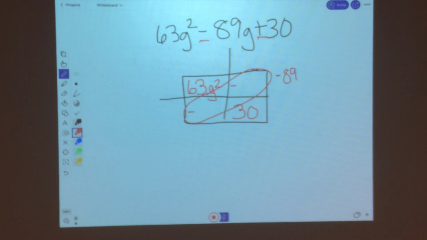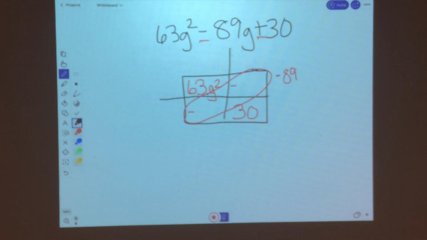Now I'm going to think about what numbers give me a sum of 89, and this is just guessing and checking. But I do know that one has to be divisible by a number that 63 is divisible by, so 7 or 9. And the other needs to be something that goes into 30 also. So it could be 2, 15, 3, 6, or 5.